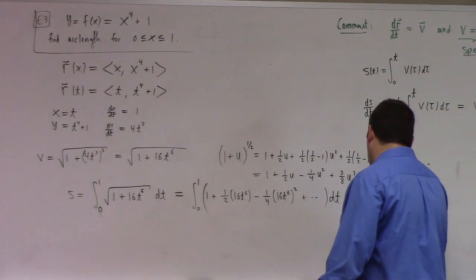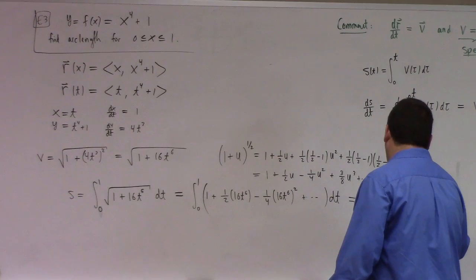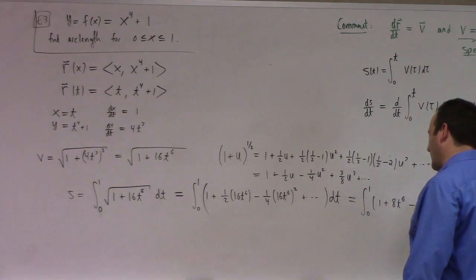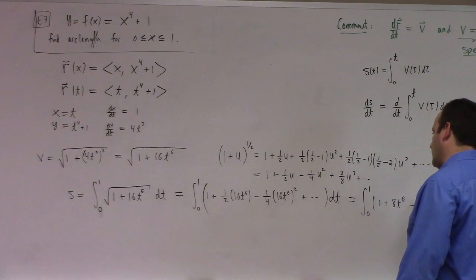We have the integral from 0 to 1 of 1 plus 8 t to the 6th, minus 4 times 16, that is 64, t to the 12th, yeah?